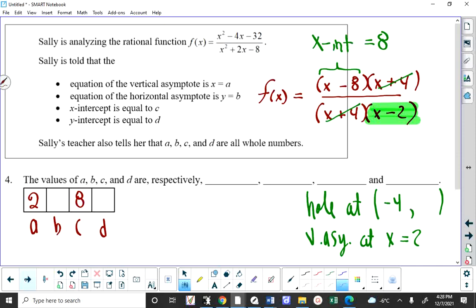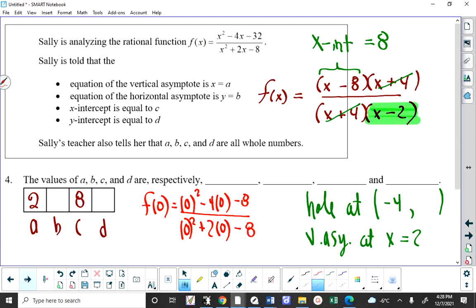Well, let's start with the y-intercept. How do you find a y-intercept? You find a y-intercept by replacing every x with 0. I think it's pretty clear you're going to be left with negative 32 over negative 8. But if you show your substitution, it's 0 squared minus 4 times 0 minus 8 over 0 squared plus 2 times 0 minus 8.